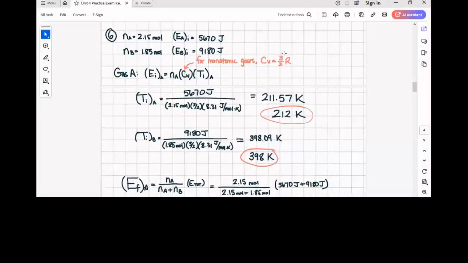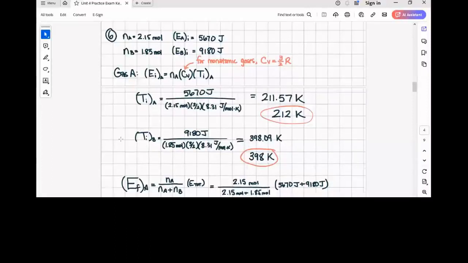And we know that for monatomic gases, that's just 3/2 times the universal gas constant, capital R. And then I can multiply that by T initial for gas A, not delta T for gas A. I just want to figure out the temperature before these two systems interact with each other. Rearranging this to solve for T initial for gas A leaves me with 212 Kelvin when sig figs are applied.